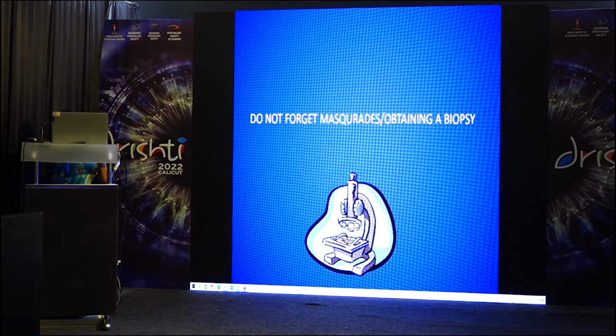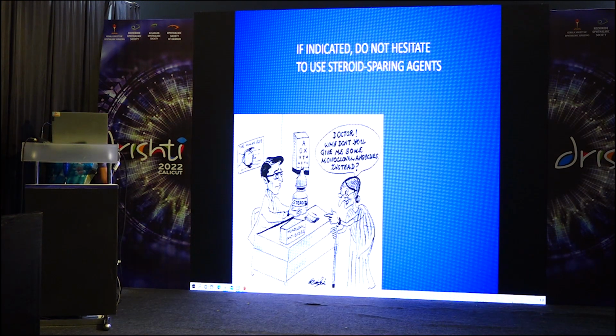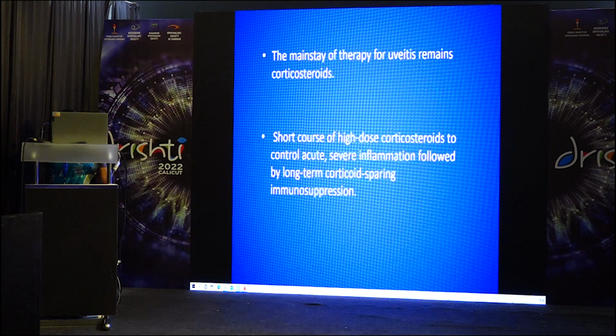And always do not forget about masquerades by obtaining biopsy. Here it was a choroiditis mimicking picture, not responding well to steroids, and later biopsy proved it as intraocular lymphoma. And if indicated, do not hesitate to use steroid sparing agents.